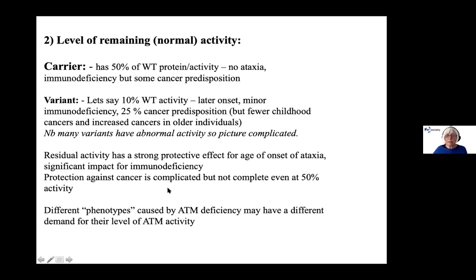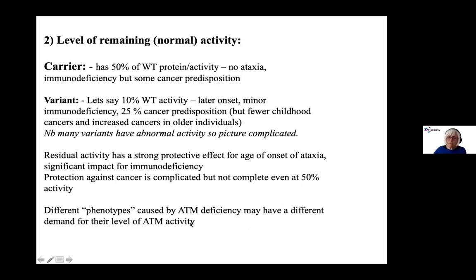But if you think about all of that together, some residual activity has a pretty good effect at delaying the onset of the ataxia. It has a significant impact on preventing immunodeficiency. But the protection against cancer is complicated, and it's definitely not 100%. Even a carrier does tend to still have some predisposition to cancer.